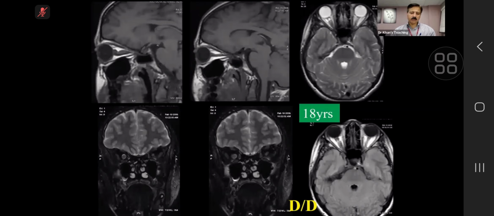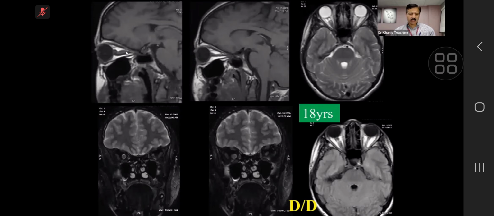NF1 is the most important. And in NF1, there is a criteria to diagnose NF1, which we will consider. But in NF1, optic nerve glioma is one of the prerequisites. The teaching point on this case was to develop your eyes on a sagittal sequence.